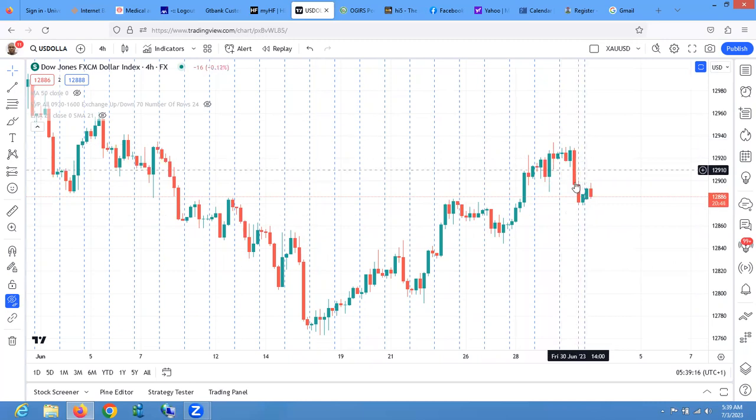Now, this may have broken all the structure, as we can see, and it has printed 4, which is completed here, and it's trying now to print the 5th wave to the upside, after which we should probably see a correction.